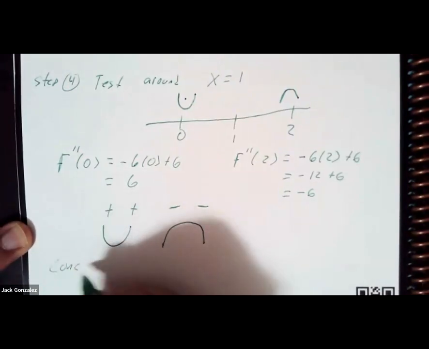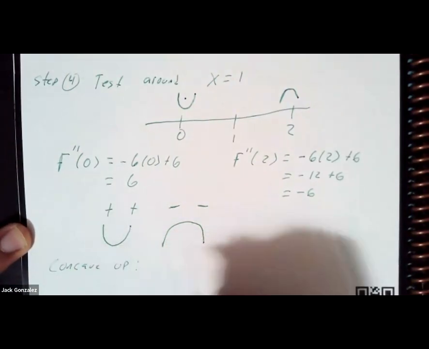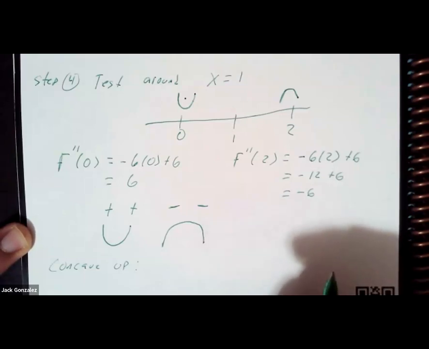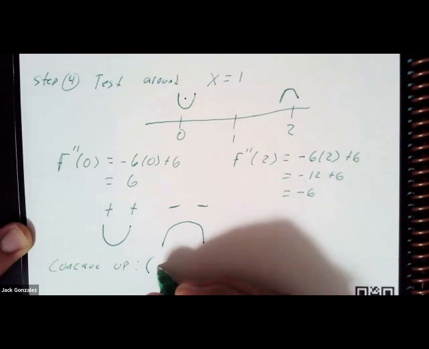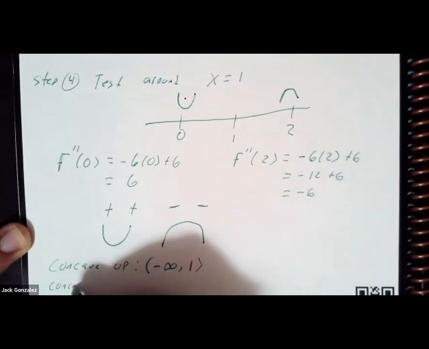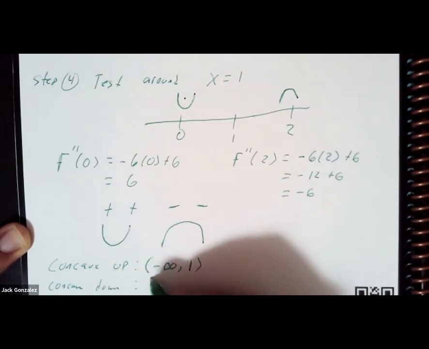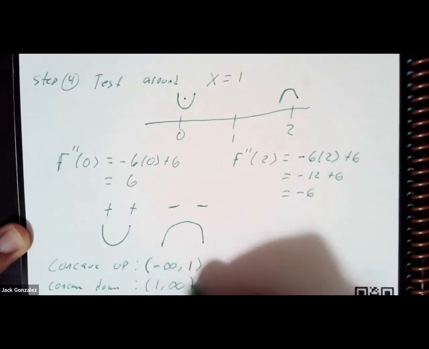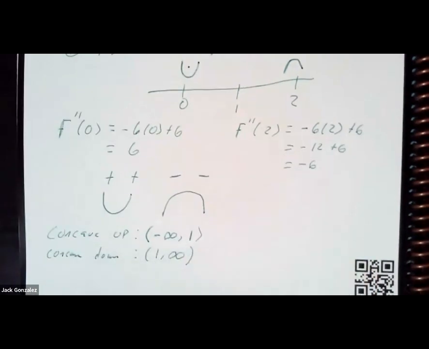So the concave up location would be negative infinity all the way until the inflection point, and concave down after the inflection point and beyond. Does that make sense?